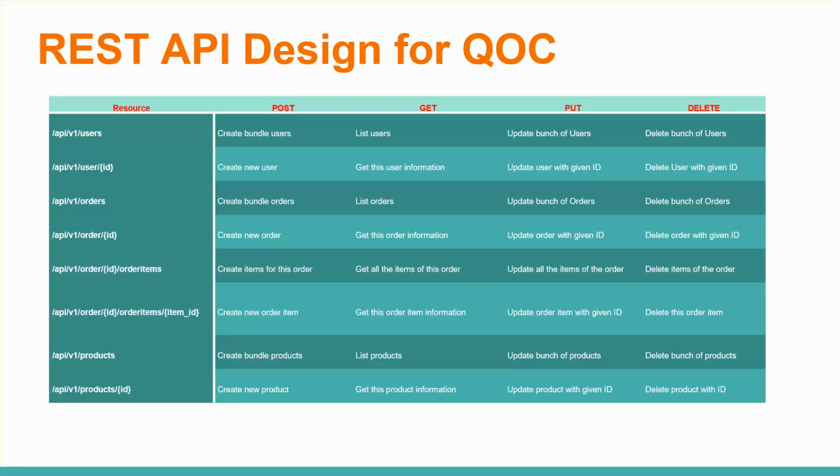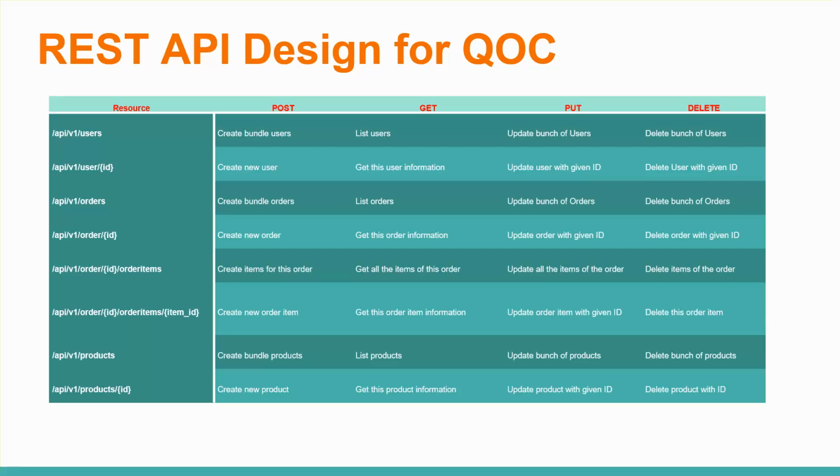Now here is the REST API design for the QOC. Here I list 8 APIs for the QOC system. We can take the first API as the example. It follows the standard for REST API design. Through the post call, it will create bundle users.